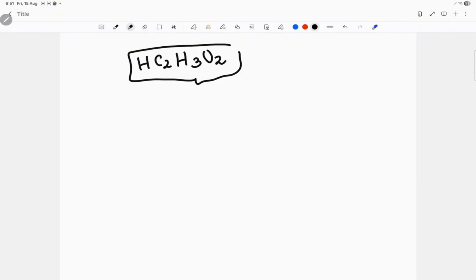Let's draw some Lewis diagrams. So HC2H3O2. Let's draw it, shall we? It's the hardest one. Okay, I'll draw you one thing. It has to have this. Can you draw me the rest? How many carbons are left? 1.